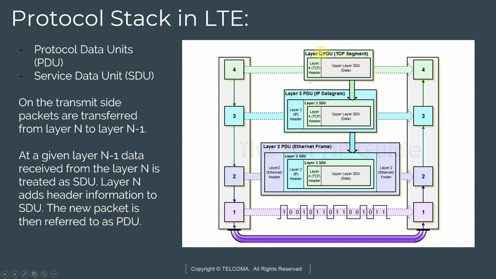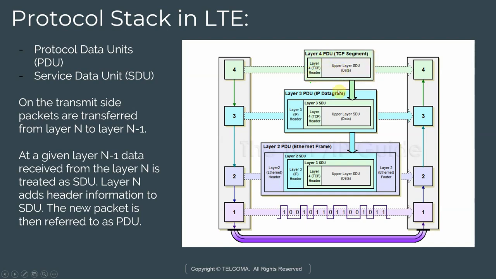So let's examine this. Say you are at layer 4. Now, you may have received a packet from layer 5, data, and that is your SDU part here. And then layer 4 adds some header. In this case, it adds some TCP header, and then the combined packet is called a PDU.